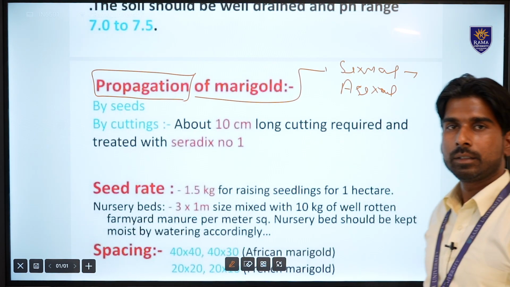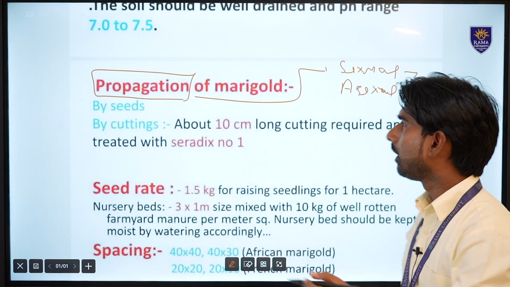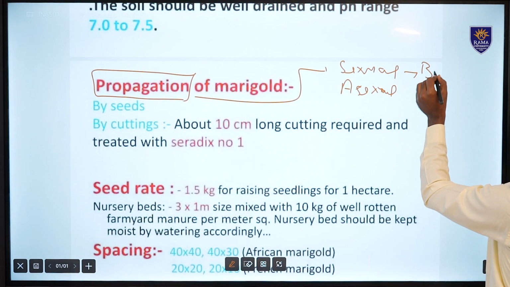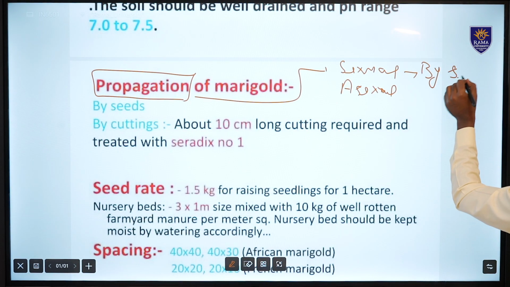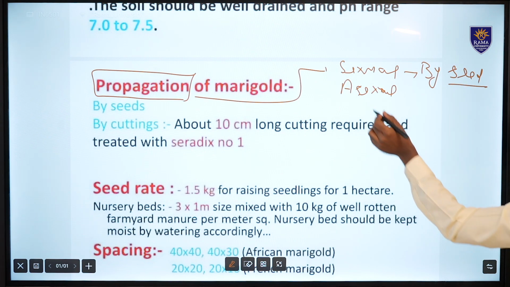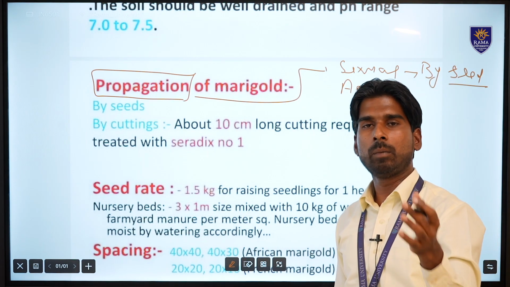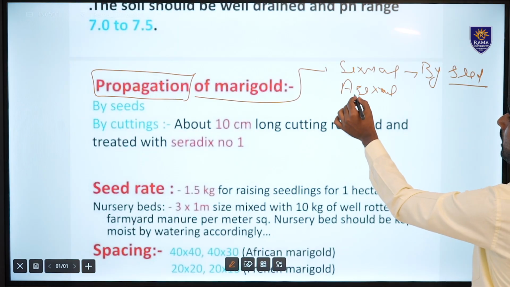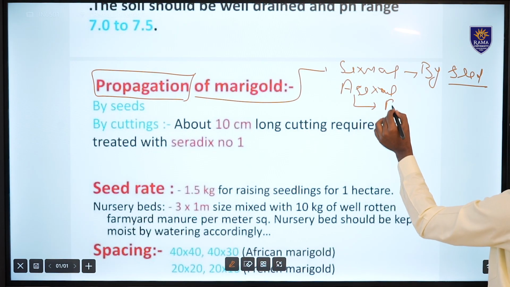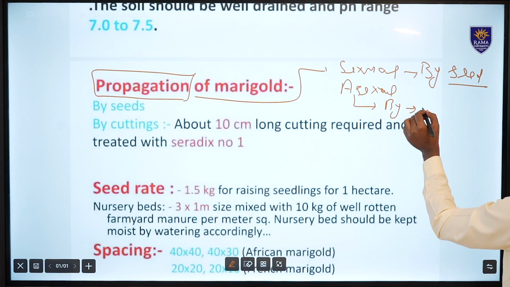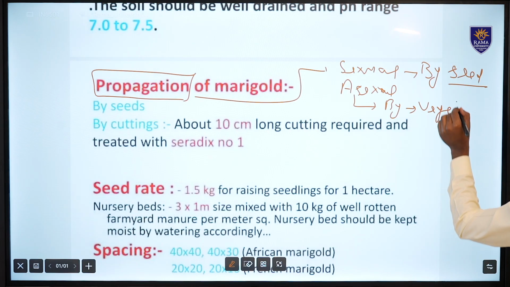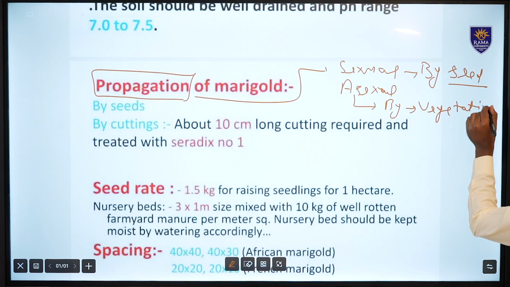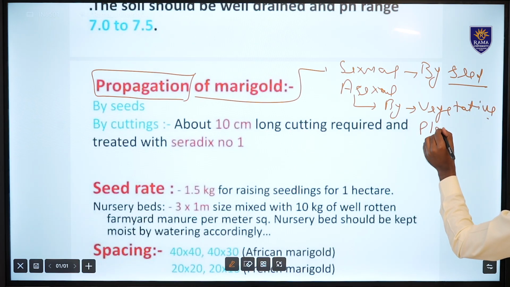Sexual means propagation of the plant by seed, which is called sexual propagation. Asexual propagation means propagation of the plant by vegetative plant parts.